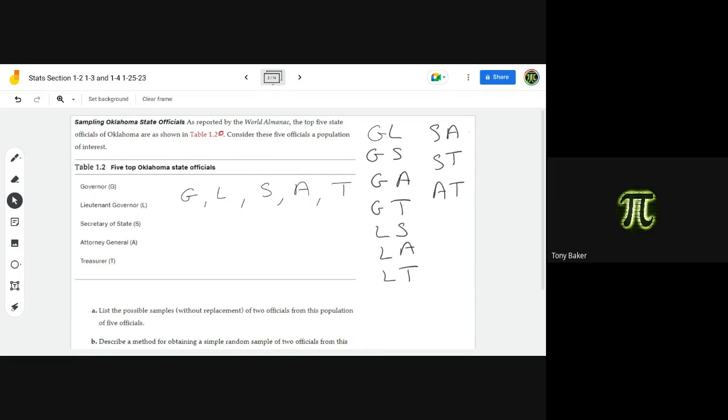So you do not want to be the person trying to randomly sample without using something to do it for you. That's where random number generators come in, or a die or a coin, things like that, because those are typically random in nature. All right? Okay.